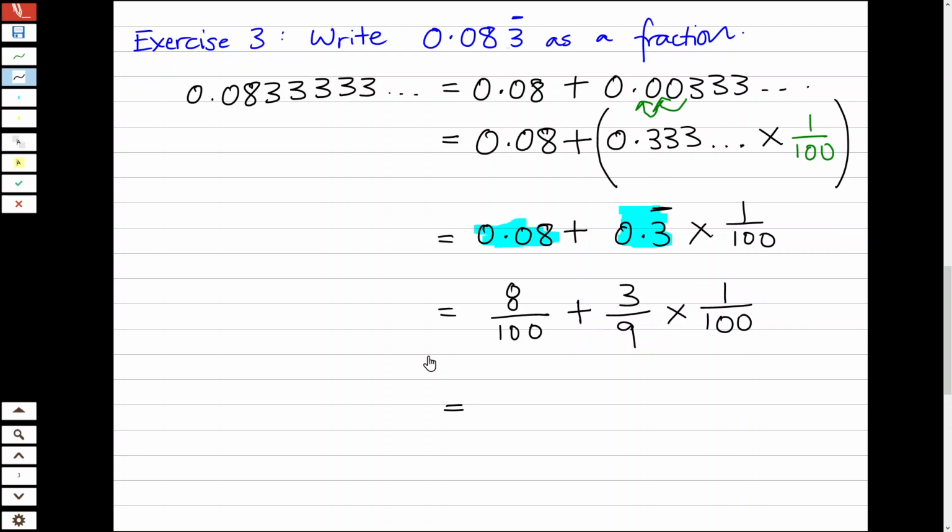So now this is something I could give to everyone in your year 8 class to do. And then 3 over 5, which equals 75 over 900. Equals 1 over 12. Yes, so it is 1 over 12.